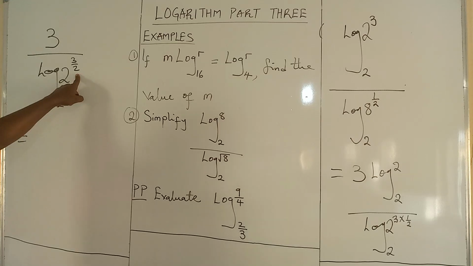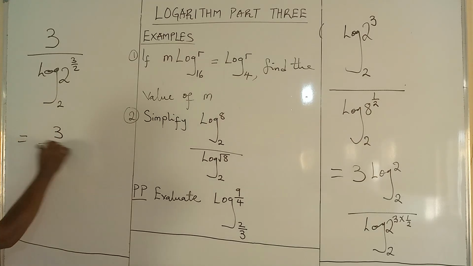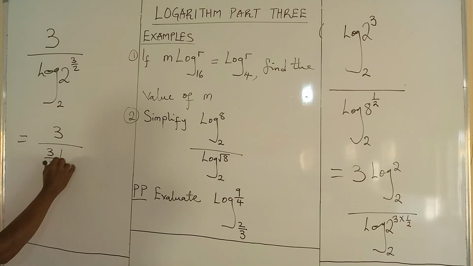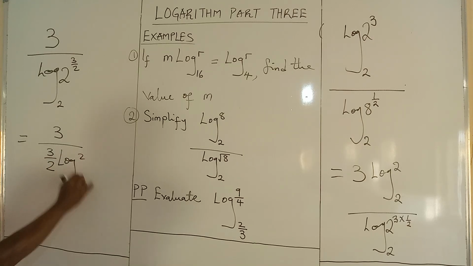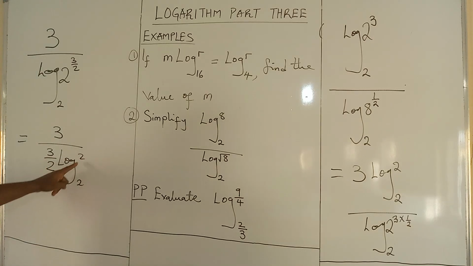If I apply power law here, I'll have 3 over 2 log 2 base 2. The log of a number to the same base is 1, which means that this is 3 over 2 times 1.